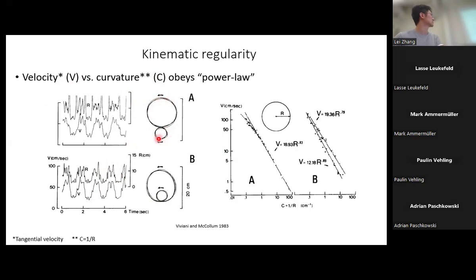When you go to a narrower curve, your movement gets slower. So if you plot the curvature and movement speed, you need some exponential function of that, and you can still get a linear relationship. So this shows some kind of regularity when you produce movement.